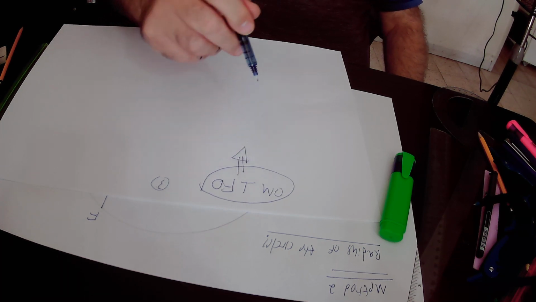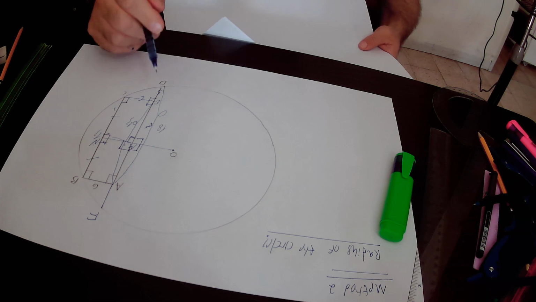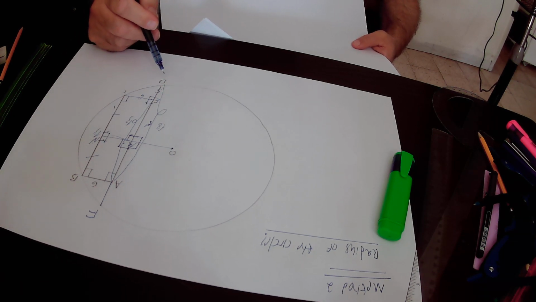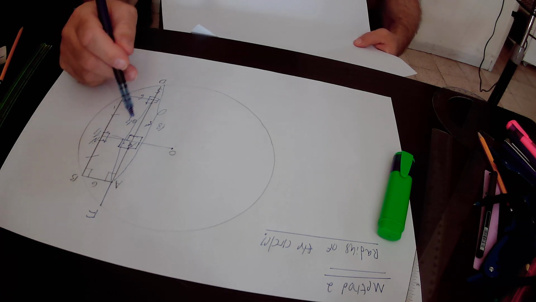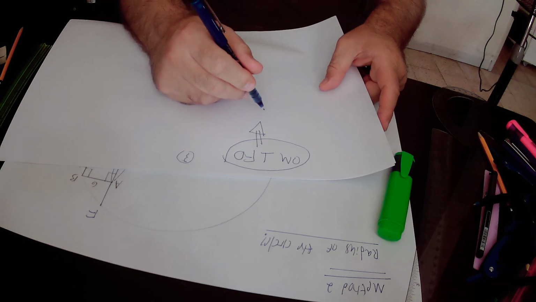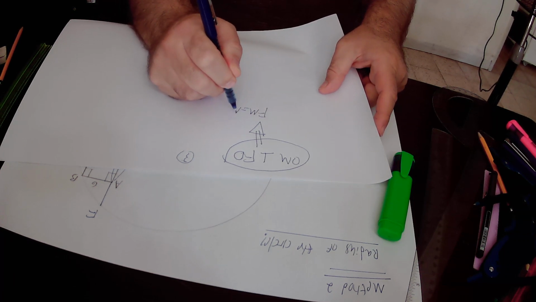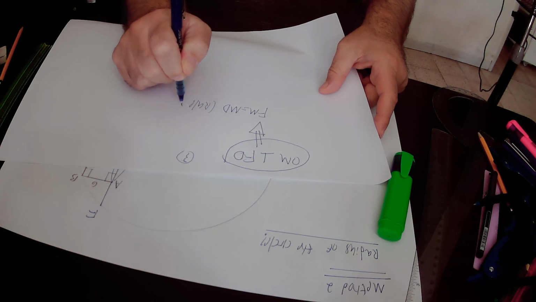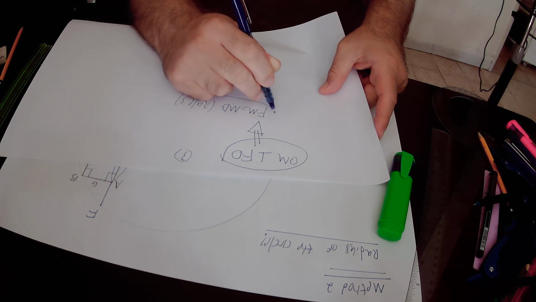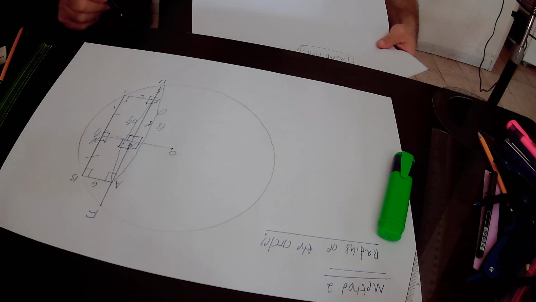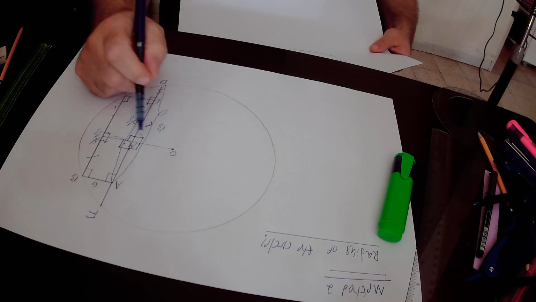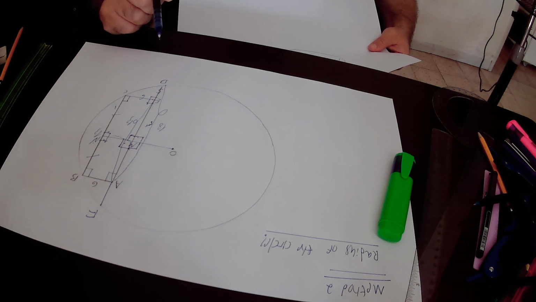According to rule number 3, line segment OM bisects chord FD, that is to say FM equals MD, because OM bisects chord FD.